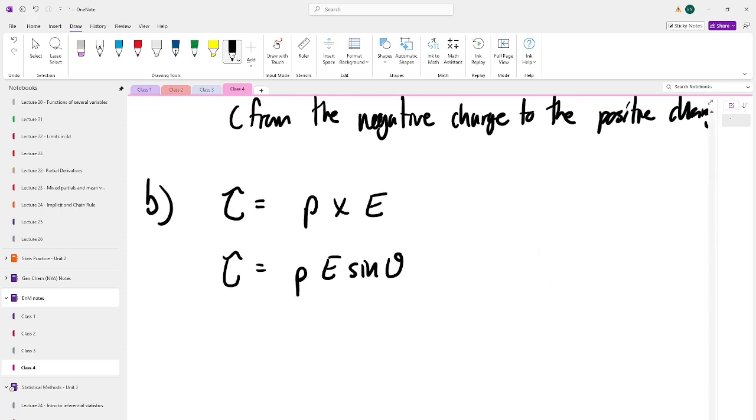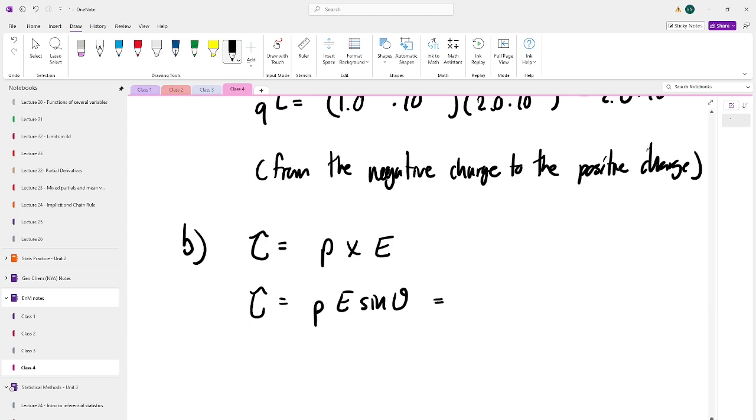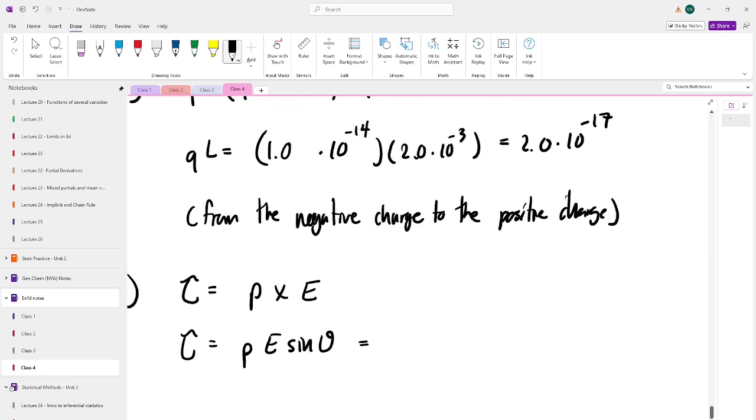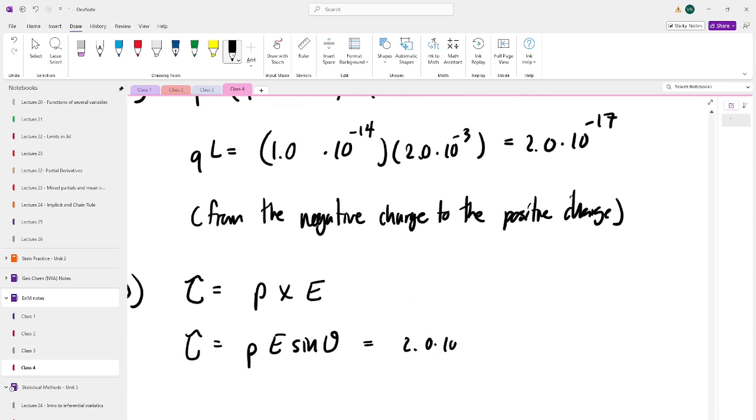So we can calculate this using this guy here. The dipole, we just calculated that to be 2.0 times 10 to the minus 17.